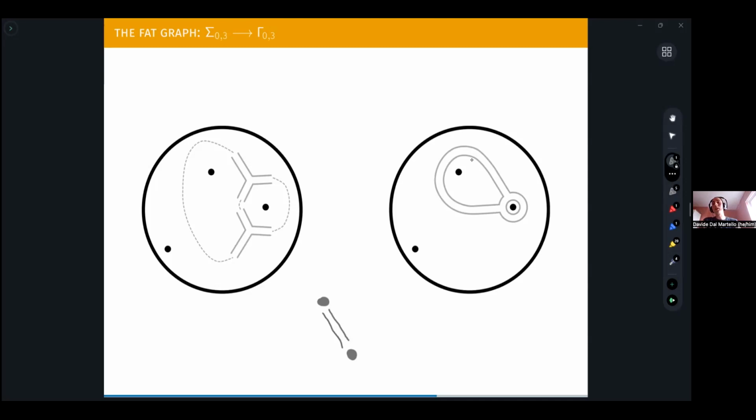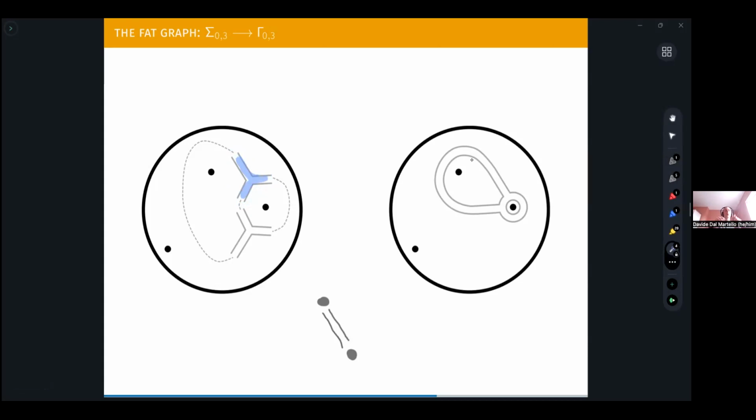And a fat graph for Riemann surfaces is constructed out of kind of elementary trivalent vertices. Trivalent in the sense that you have a vertex, and out of it you have like 3 thickened edges.